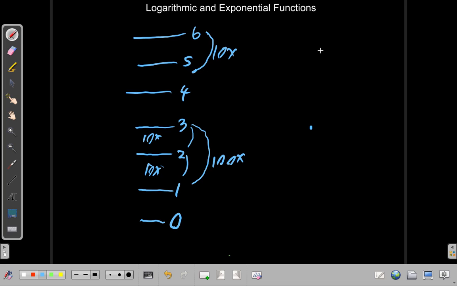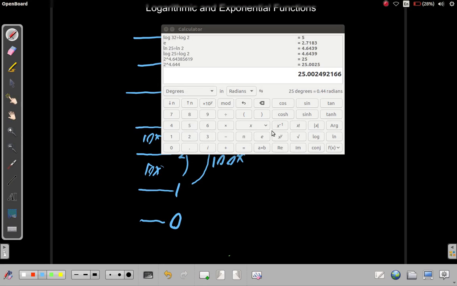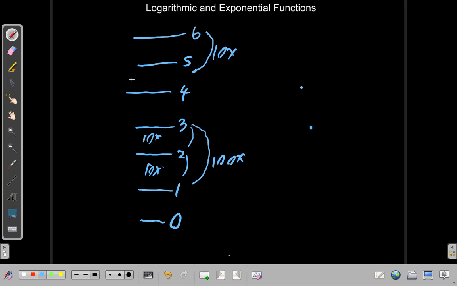Remember, when we find logarithms, log 10 is 1, log 100 is 2, log 1000 is 3, and so on and so forth.